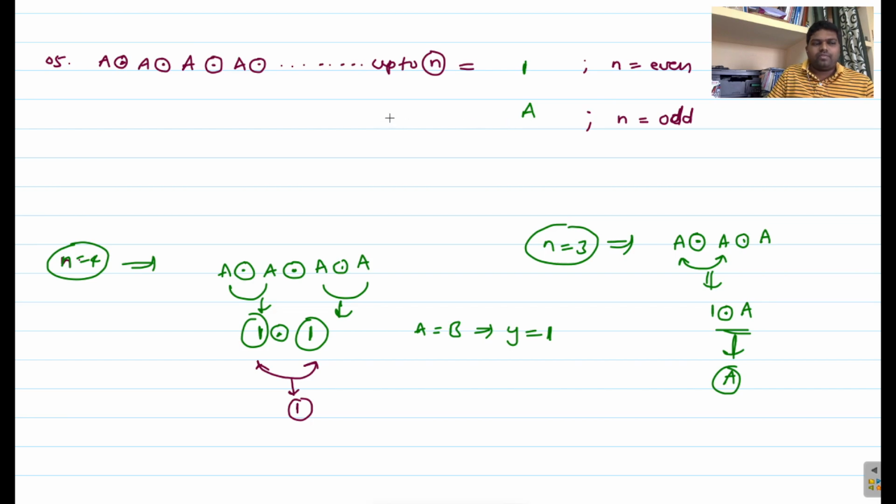So this is your fifth property, and some more properties are also there. Those I am indicating here. Note, here we have certain properties: A bar XOR B, and next A XOR B bar, and next A bar XNOR B and A XNOR B bar.